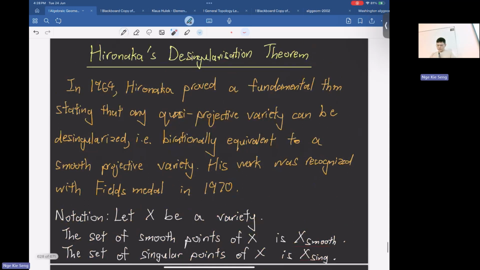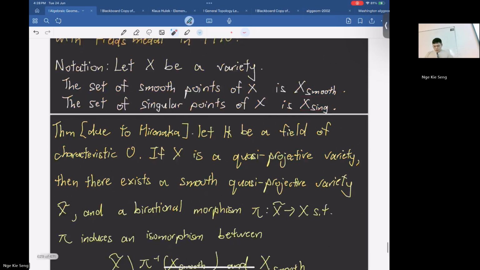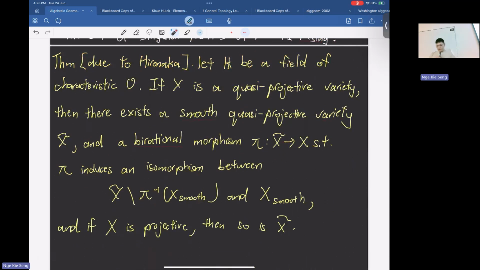so one theorem from Hironaka here. So he got a Fields Medal from this result in 1970, but he proved it in 1964. So what he proved is if your field is a field of characteristic 0, and then your X is a quasi-projective variety, okay, so any open subset of projective varieties.